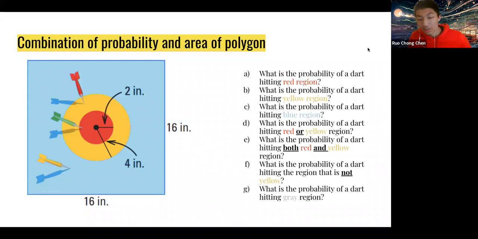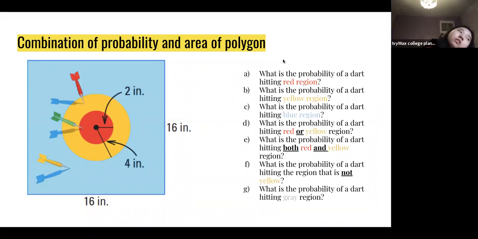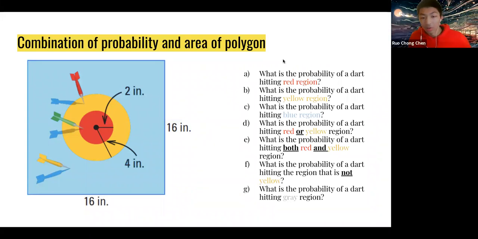And the blue region is the whole square minus the blue and red region, which is, if you combine the yellow and red region, a circle with radius 4.